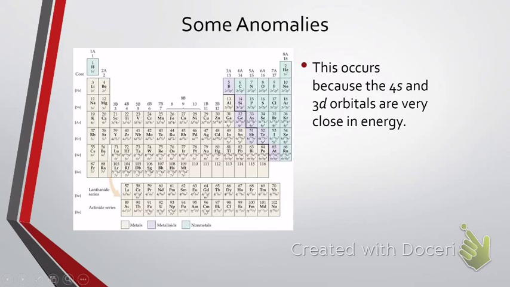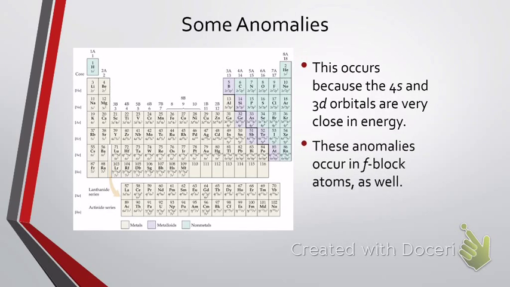So that's why chromium looks like 4s1 3d5, because those two energy levels are really close, and it's just much easier and much better to have all of them half-filled than to have some of them fully filled and some of them half-filled and then one empty one.